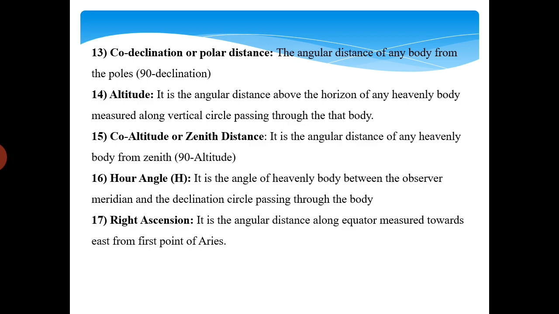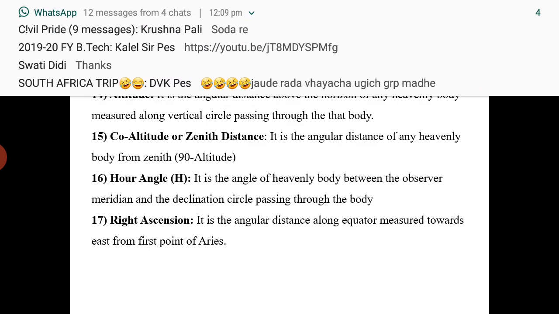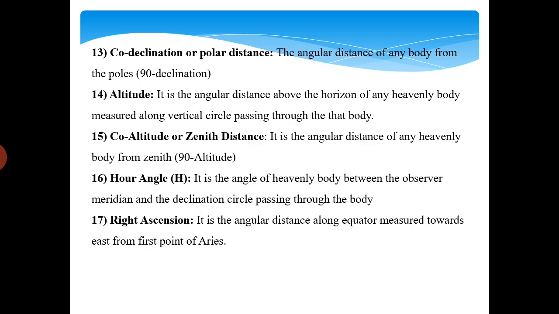Suppose we are observing the moon, and our observer station is earth. The horizon is the great circle perpendicular to the zenith and nadir. The zenith is exactly above the observer station, and the nadir is the point below the observer station.